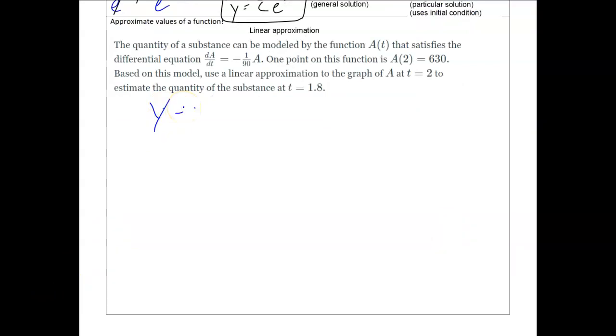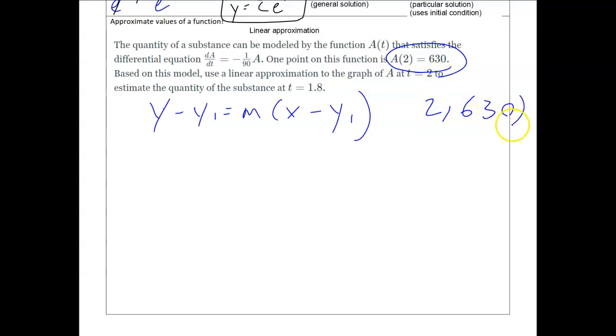So remember what we're trying to do here is we're trying to do an equation like this. We'll do a y minus y1. And in this case, we are given the point, right? So we have the point (2, 630). Only this time, my slope is given by a differential equation.